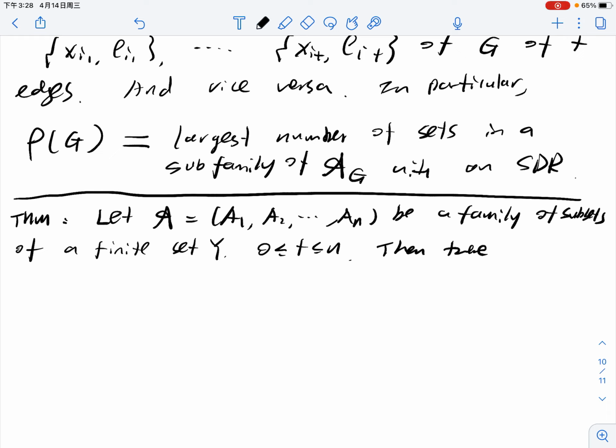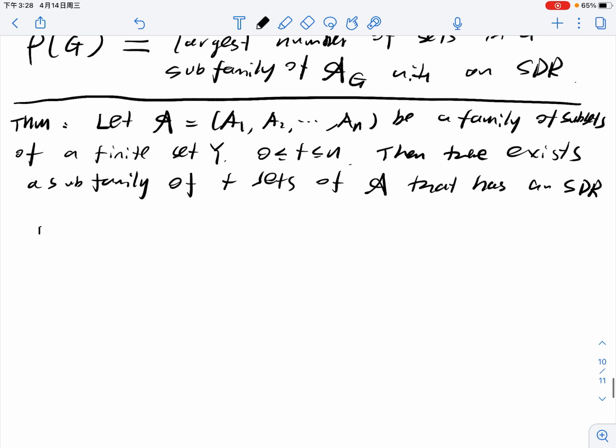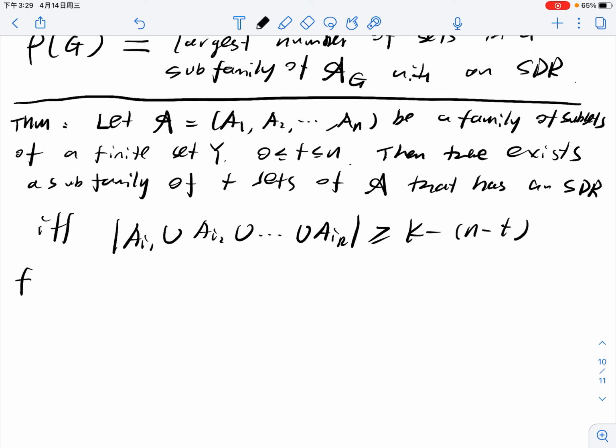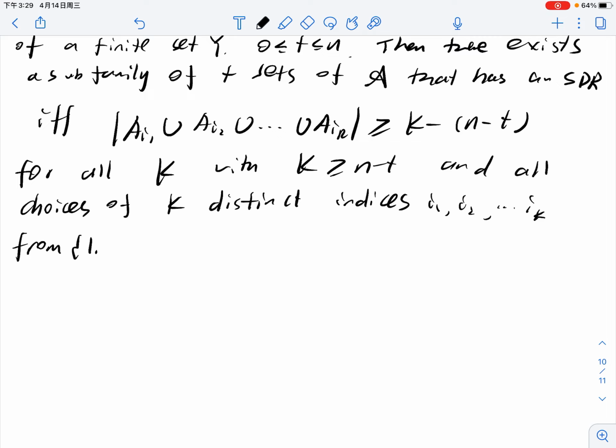Then there exists a subfamily of t sets of A that has an SDR if and only if the cardinality of the union A_i1, A_i2, all the way to A_ik is at least k minus (n minus t) for all k with k greater than or equal to n minus t, and all choices of k distinct indices i1, i2, ..., ik from 1 all the way to n.